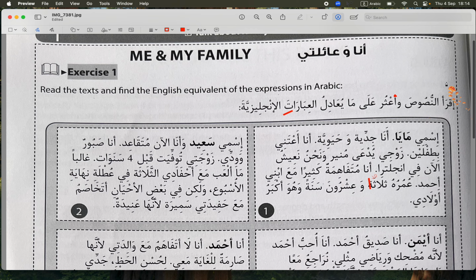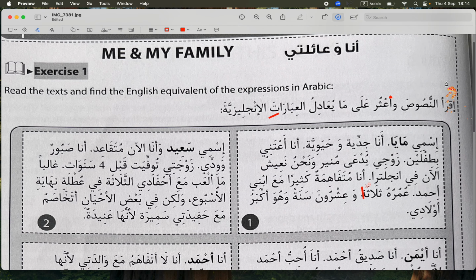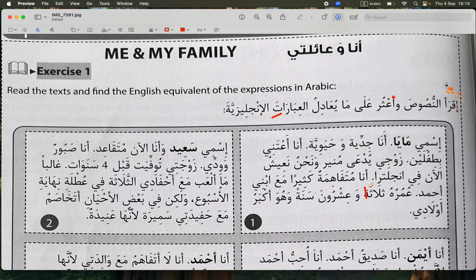It's important that you learn how to read the instructions, because when you do your GCSE Arabic, the instructions will be in Arabic, so it's ideal that you understand. Ideally, you should already know up to 50% of these words. If you don't, don't worry. That's why I'm going to be doing this at a very slow pace and breaking everything down.